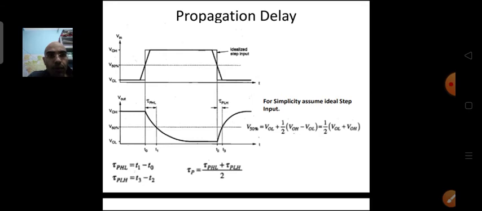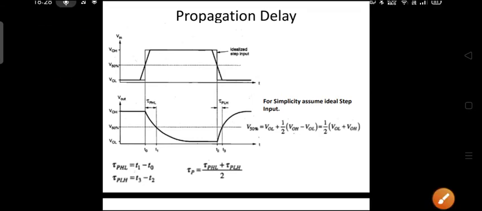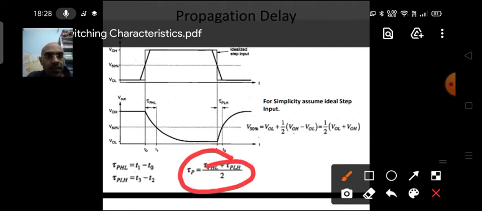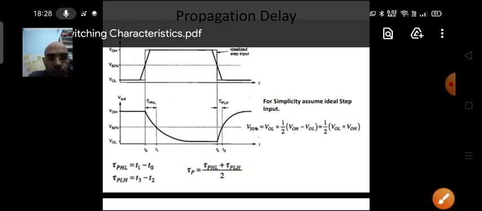But if you want to define the total propagation delay, you can see in this equation that your total propagation delay is defined by tau PHL plus tau PLH upon 2, so the average of these two. Tau PHL is the propagation delay when the output signal is falling from high to low.